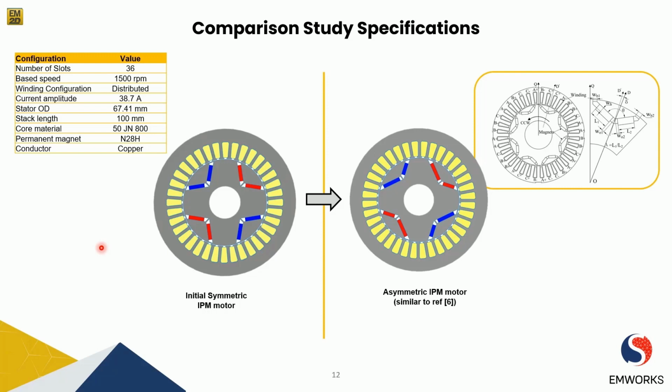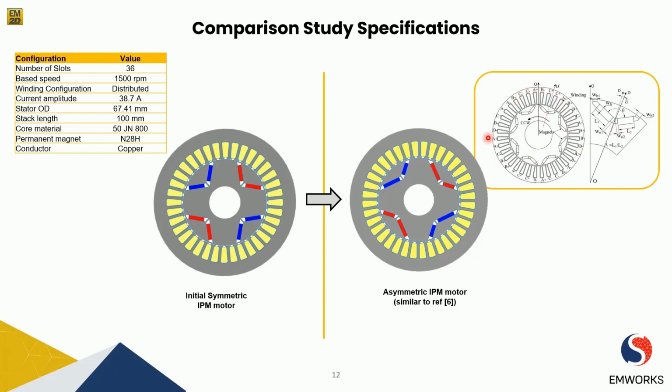First of all, the specifications that we were looking for, we managed to get from research papers. Here, as you can see on the right-hand side, is a picture of an asymmetric machine from the literature that we mentioned in the references part.